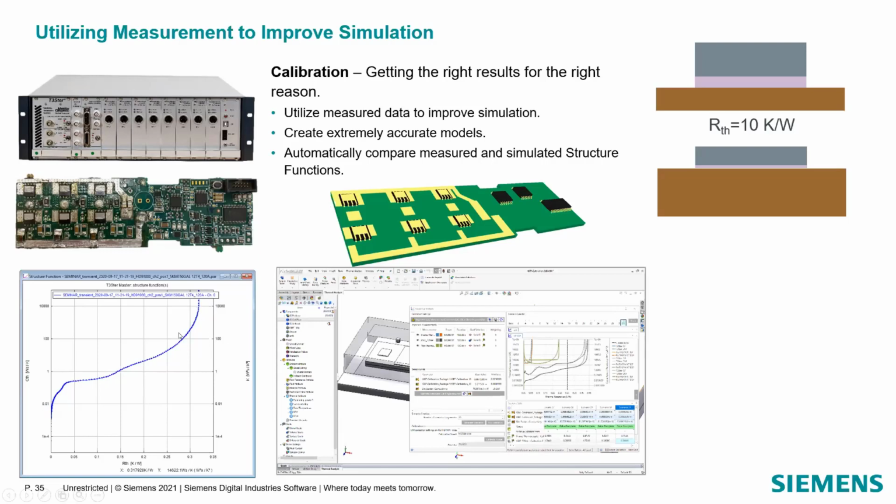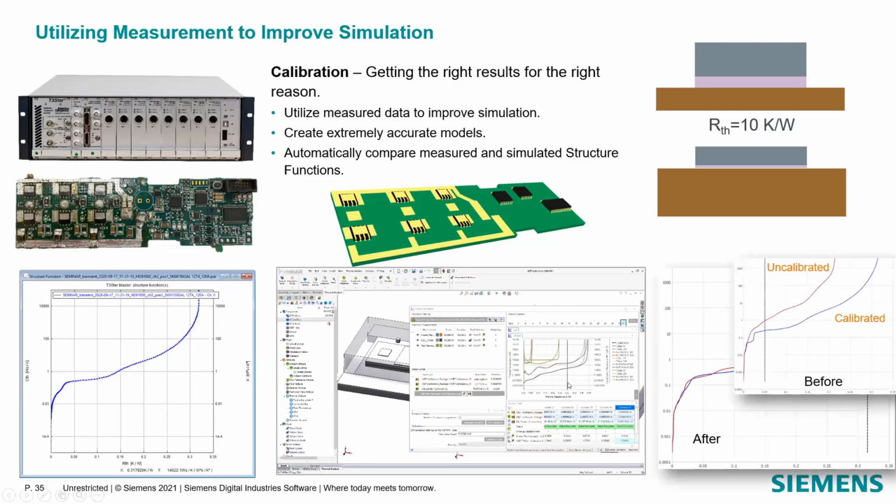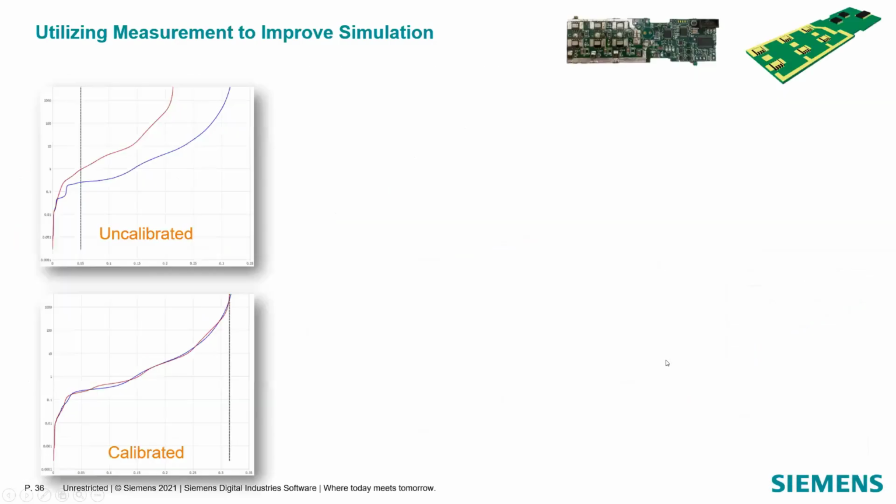They both can take the measurement-based input, and they can run a simulation under the same boundary conditions. So same power step, same ambient temperature, same heat source. And what the tool does, it compares the structure functions corresponding to the uncalibrated and the calibrated model, and iterates until the 2 structure functions overlap.